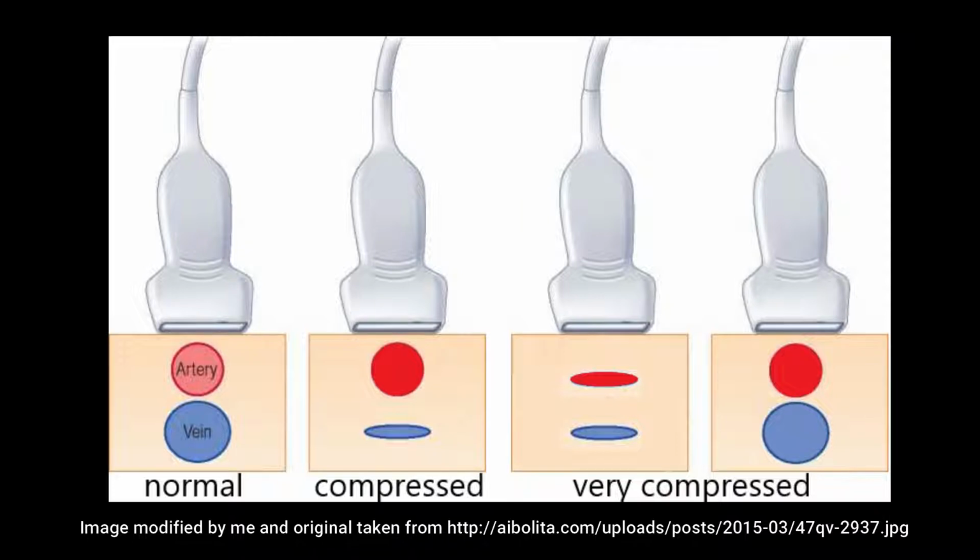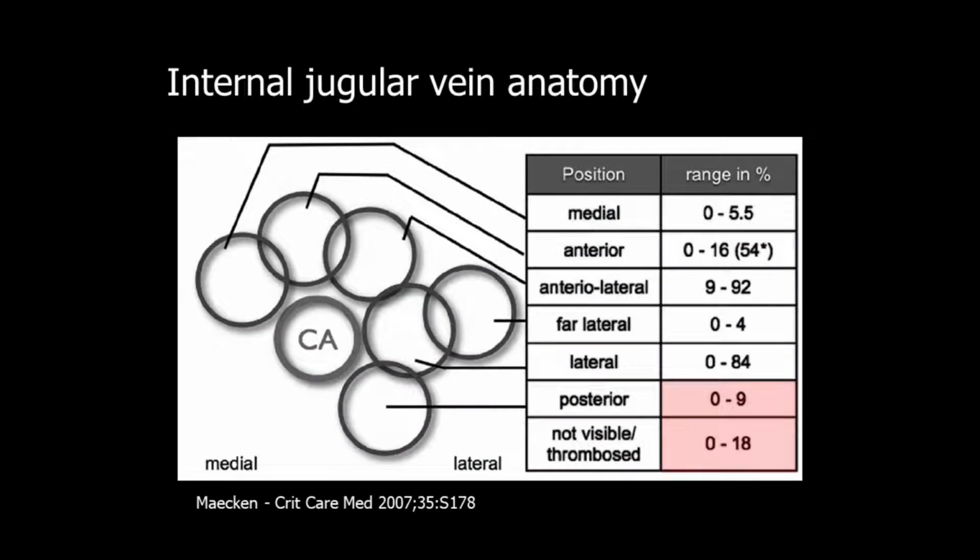So again, a non-compressible vascular structure is a sign that the structure is thrombosed. In pediatric patients, the artery can be compressed with such a small amount of pressure that it should not be misinterpreted as being a vein. This is very important when you have a pediatric or neonatal patient with a systolic pressure of 60. So be very careful on that. Again, lack of compression means most likely thrombosis, or not a vascular structure.